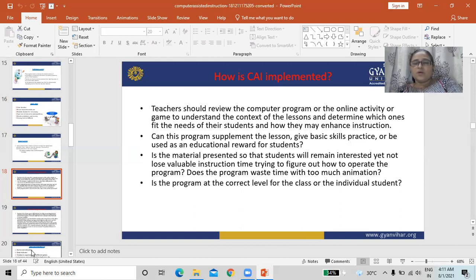Does the program waste time with too much animation? Is the program at the correct level for the class or the individual students?